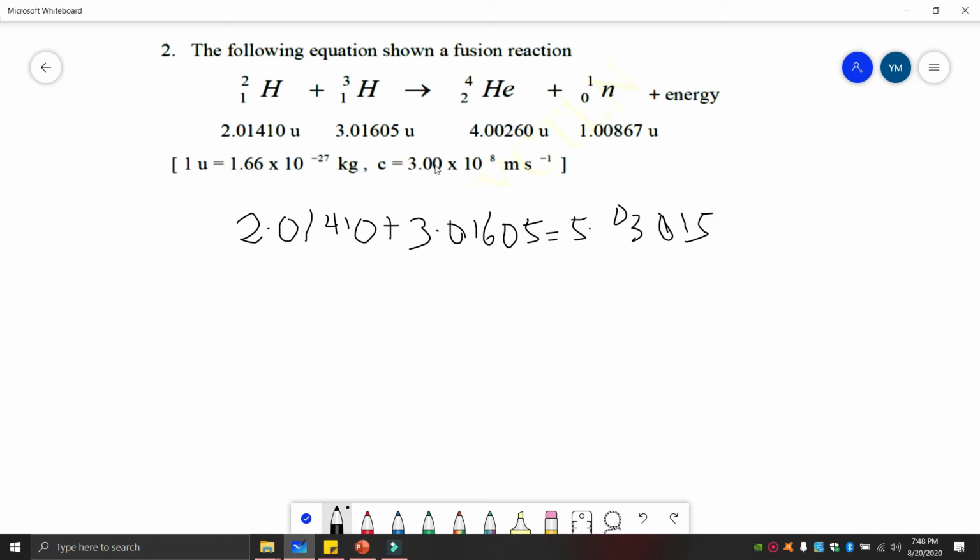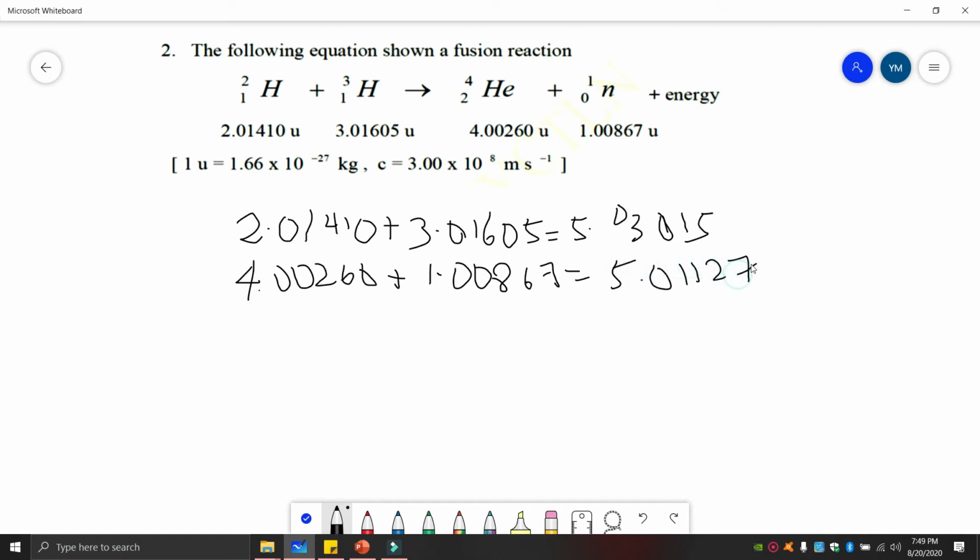After that we add after the reaction here. After the reaction is 4.00260 plus 1.00867. So you got 5.01127. After that, you see which value is higher. You can see here, before the reaction is higher.